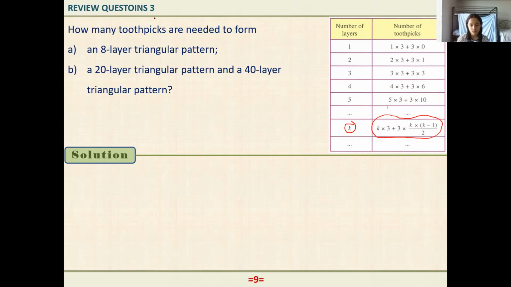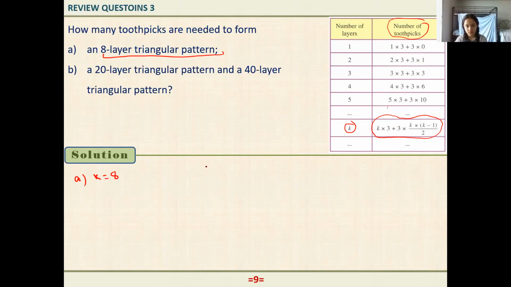So the question is, how many toothpicks are needed to form an 8-layer triangular pattern? In question A, 8-layer means we need to evaluate this, which gives us the number of toothpicks, when K is equal to 8.